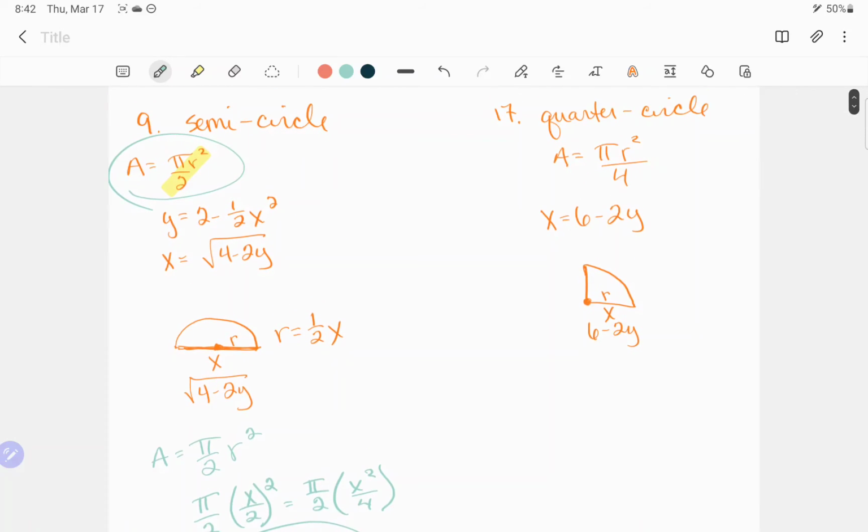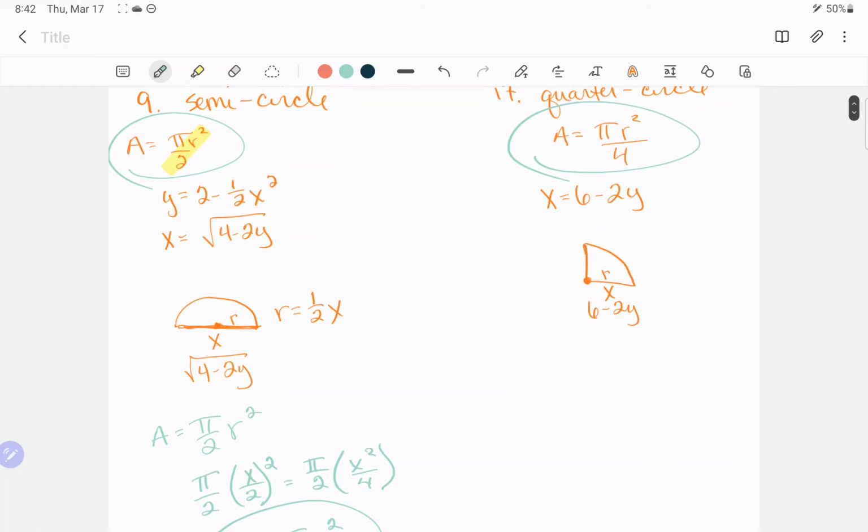Then on this other problem, number 17, it's a quarter circle, so we already gave our original formula here, pi r squared over 4. In this case, r happens to be equal to x, as we said, because we already have the radius. And so that means that when I do the formula, A equals pi over 4 times r squared, I didn't need to put the parentheses, but you get it, r is x, right?